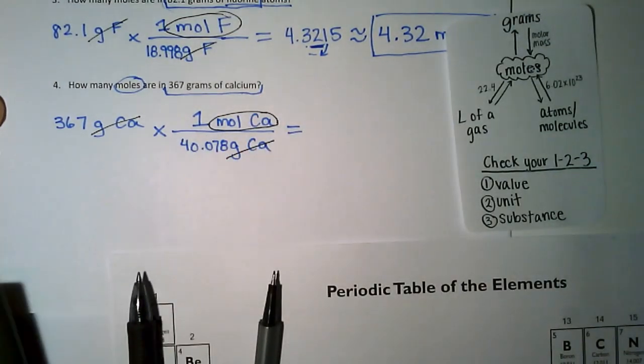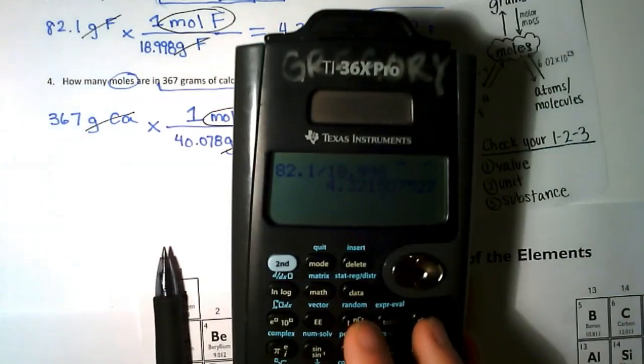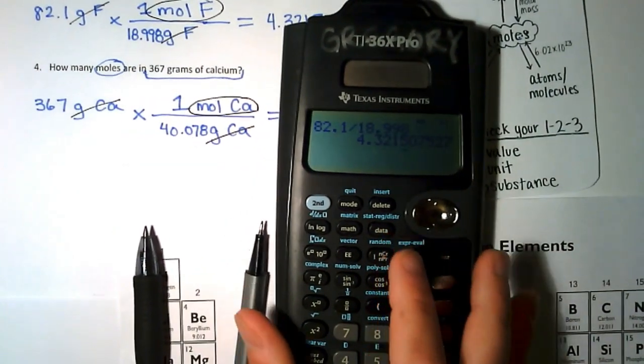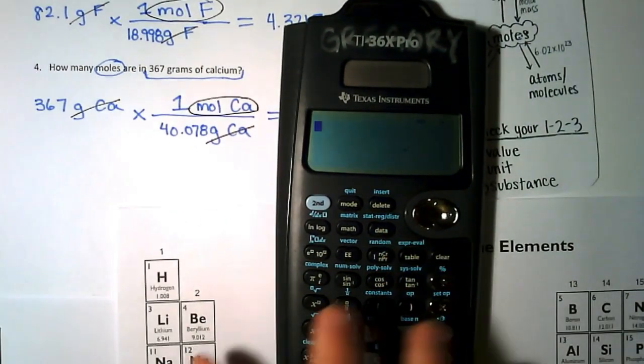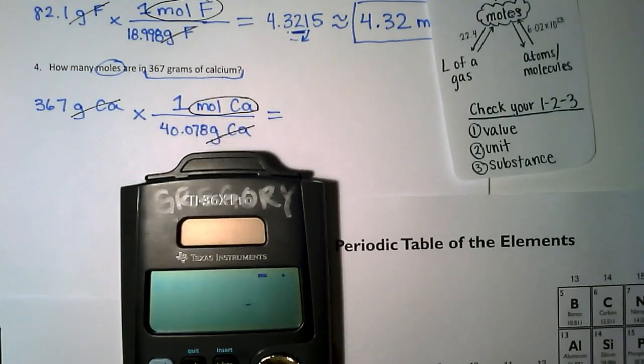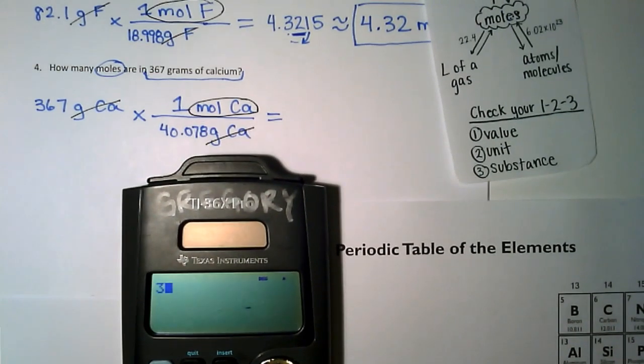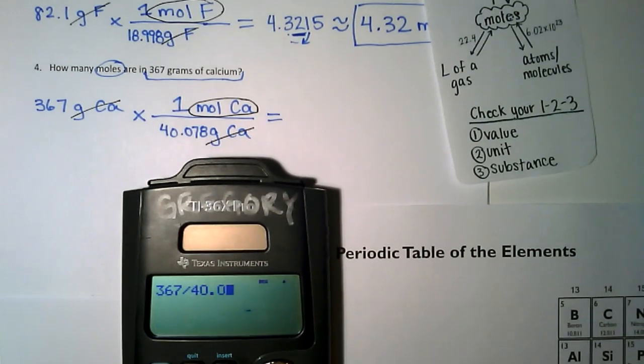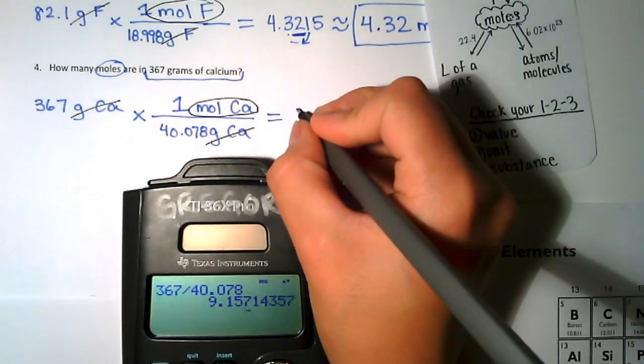So once again, we need to divide here. So let's do 367 divided by 40.078, which gives us 9.1571.